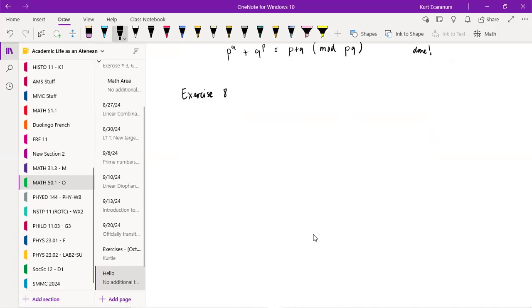We will consider the case when p equals 2.